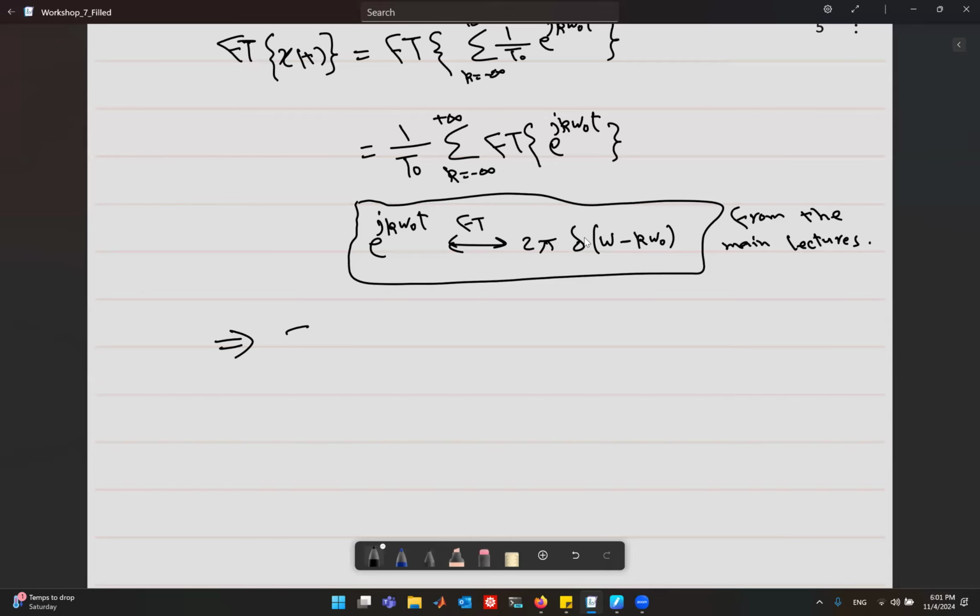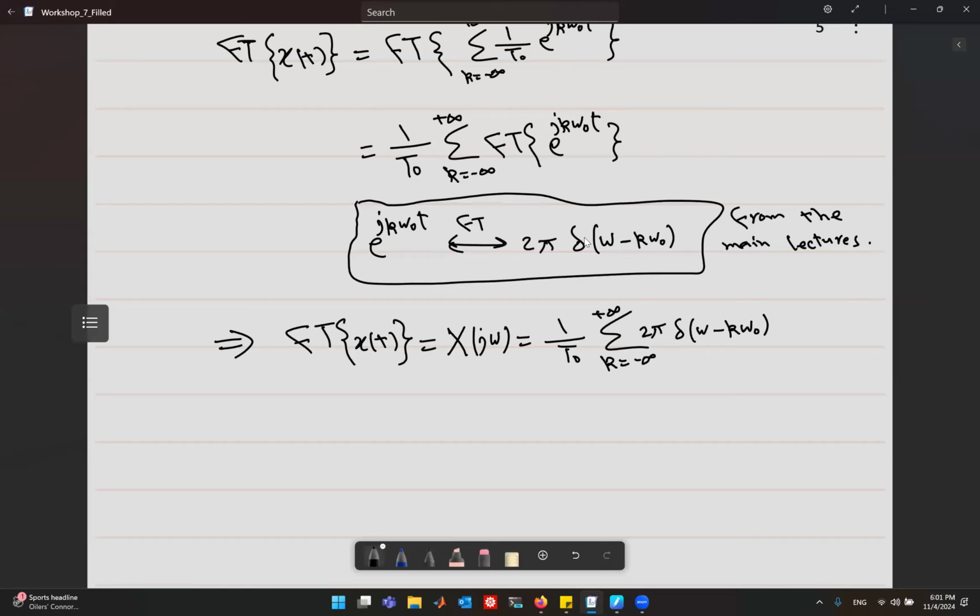Therefore, the Fourier transform of the given signal x(t), which we call X(j omega), is 1 over T naught summation k from minus infinity to plus infinity, and then the Fourier transform of this exponential, which is 2 pi delta omega minus k omega naught.